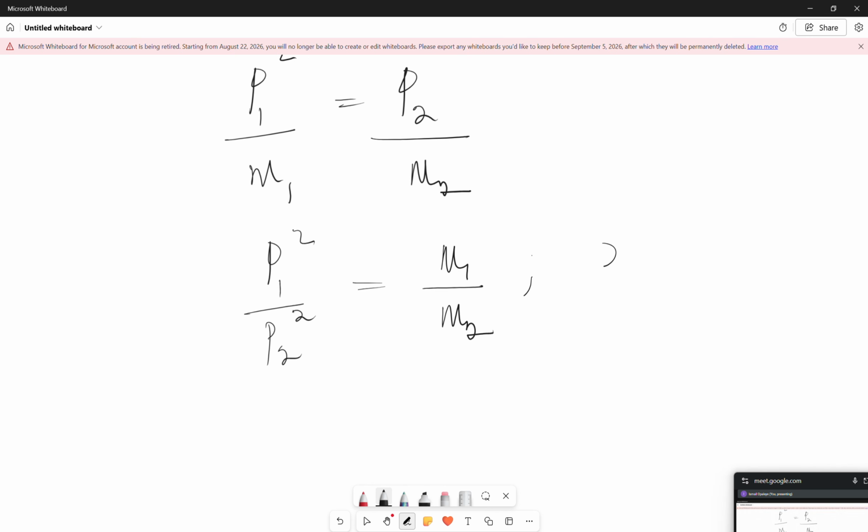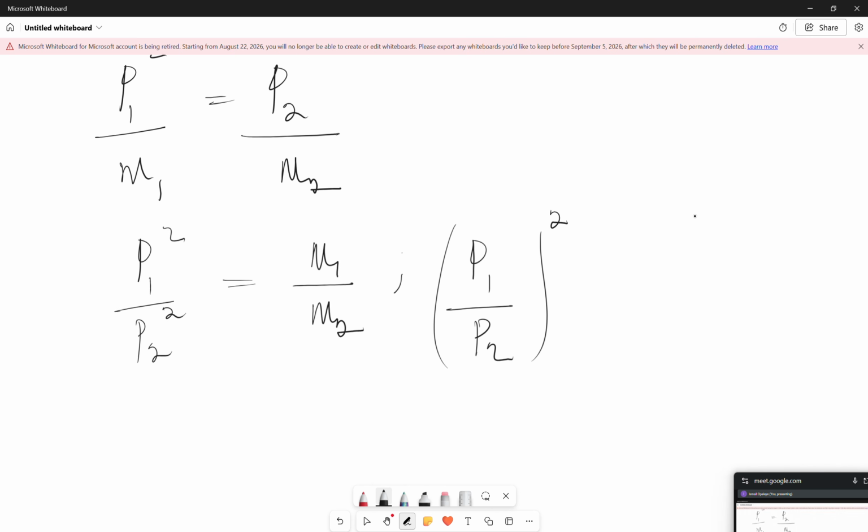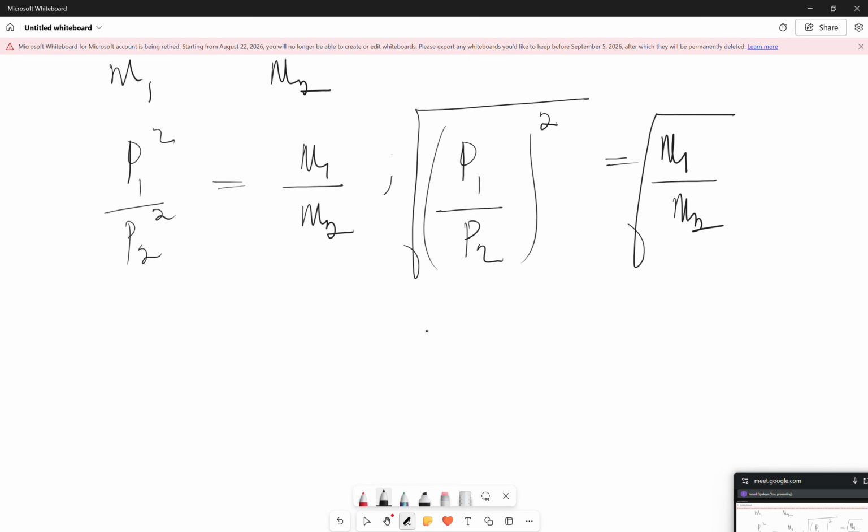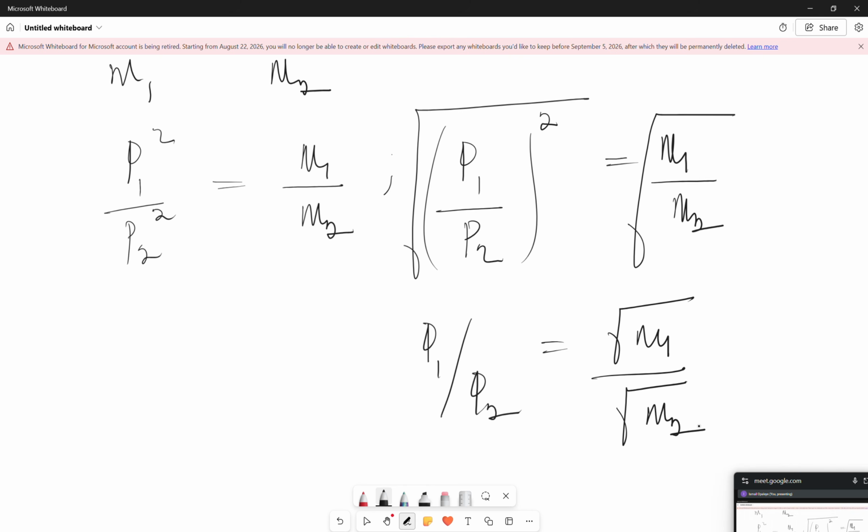Which implies that you can basically put p1 and p2, the two momenta, under a single square to be equal to mass 1 divided by mass 2. Now I want to get just p1 and p2. What do I do? I basically take the square root of both sides. When I take the square root of both sides, we're going to have p1 to p2 is equal to square root of m1 to square root of m2.